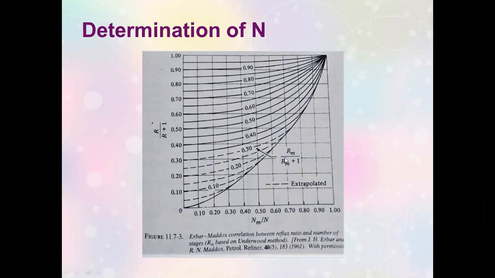Now, if we will not rely on that graphical procedure in determining the coordinates of the pinch point, can you think of another way without having to look for the intersection of the feed line on the equilibrium curve? Will you be able to find the pinch point coordinates?